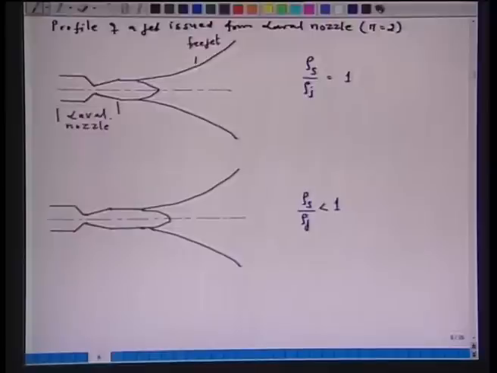Typically, a supersonic jet, because when you say Mach equal to 2, it is a supersonic jet, its velocity is more than the velocity of sound. A supersonic jet is characterized by what is called the potential core. This is called the potential core. From here to here, this is called the supersonic core.